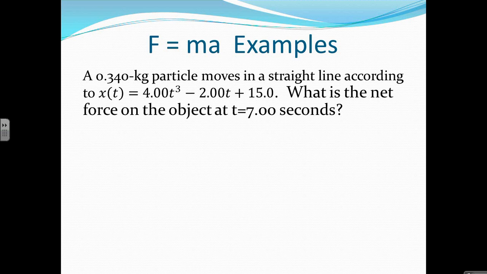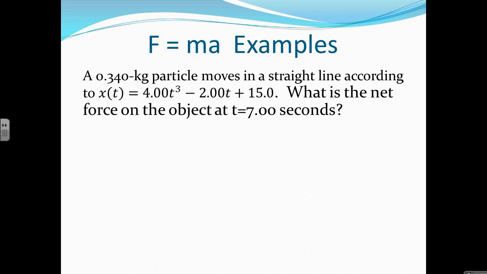Down below, we can solve for a problem that gives us an expression. In this example, it says a 0.340 kilogram particle moves in a straight line according to the equation position equals 4t cubed minus 2t plus 15. I want to know what's the net force on this object at t equals 7 seconds. Similarly to our last problem, we have an equation that relates time and position.